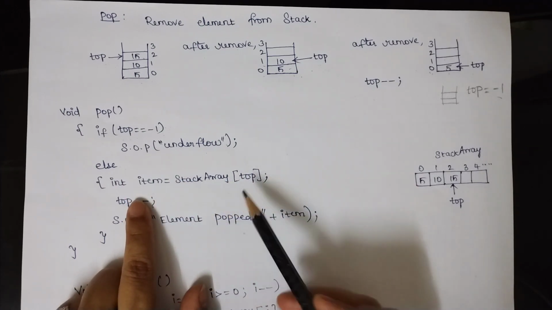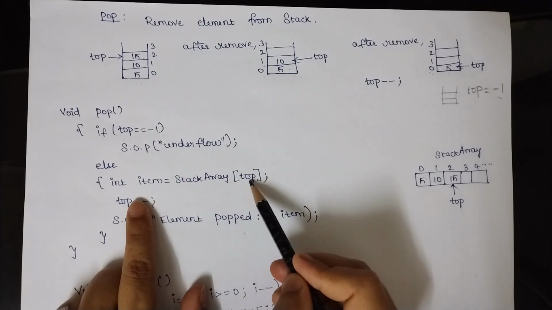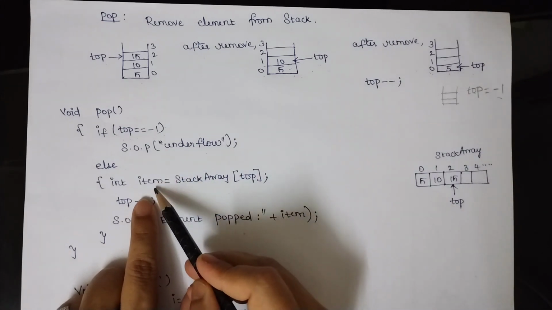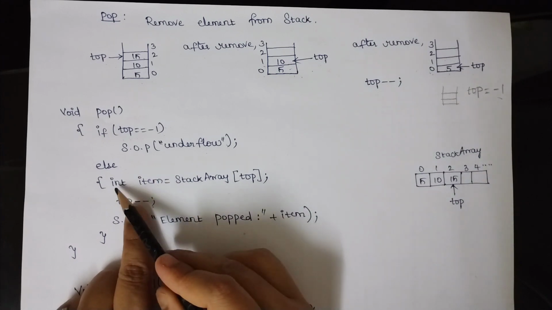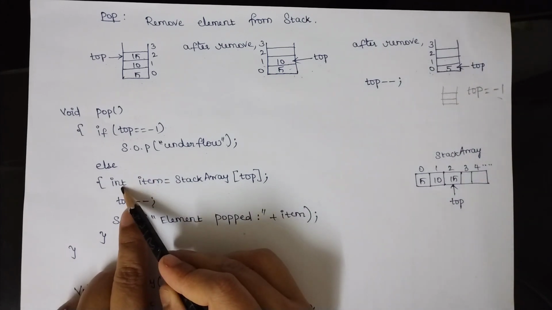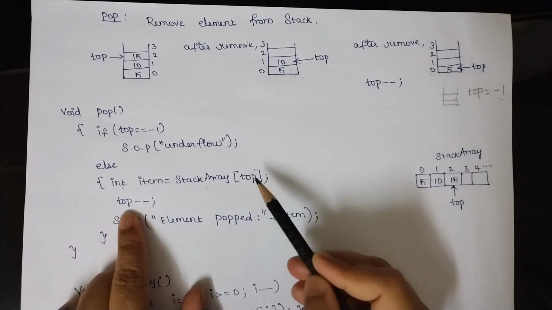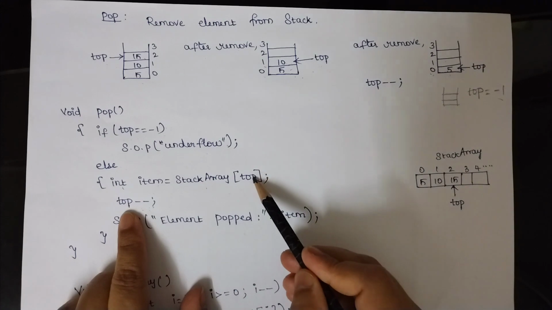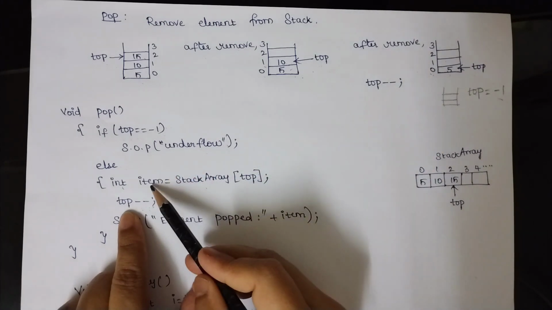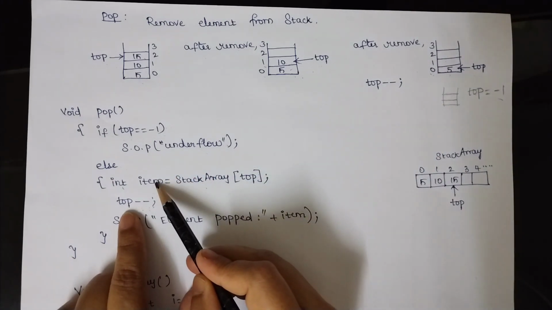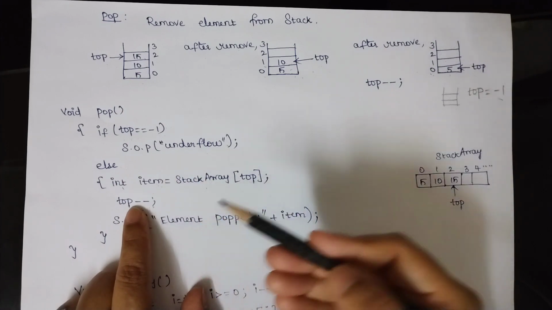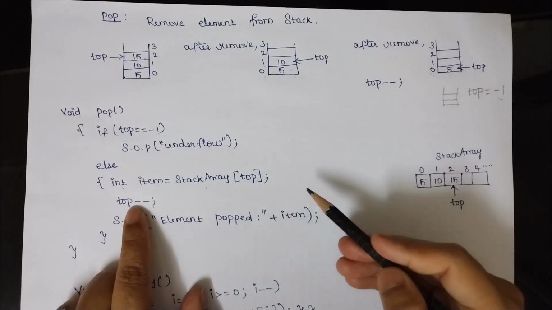In this statement, I'm trying to access the element that is present at the top, and I'm assigning it to another variable called item, which is of type integer. So before decrementing the value of top, I am fetching the element at the top of the stack and assigning it to another variable. Why am I doing this? I just want to display which element I have deleted.